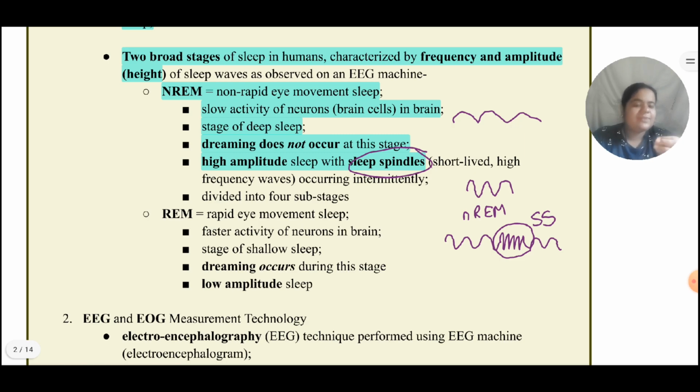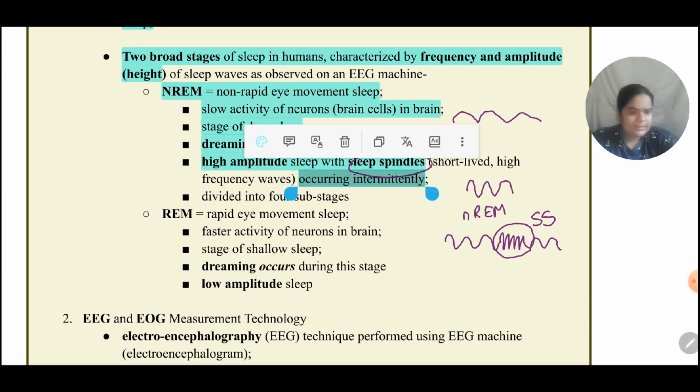Spindles are just short-lived episodes of rapid brain activity. If they were to prolong, then the stage of sleep would not be NREM, it would be the next stage of sleep. So spindles are just small bursts of activity, and that is how they are meant to be. So we just have to know that the sleep spindle is something that does occur in NREM stage.